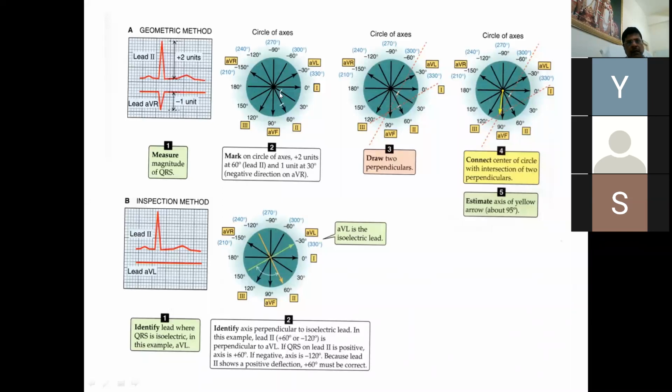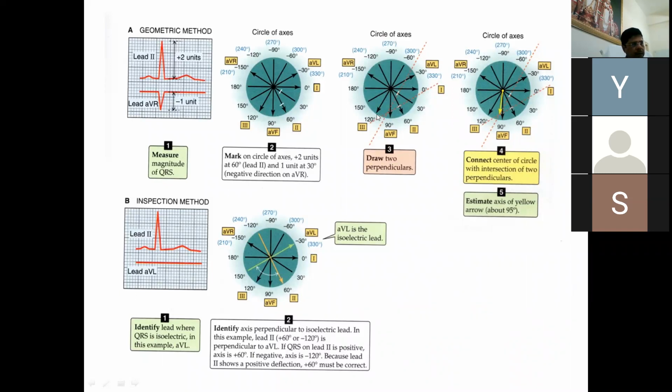Then you draw two perpendiculars, at a 90-degree angle to that axis. For lead AVR, you draw one perpendicular passing through the point you have marked. Similarly for lead 2, you draw another perpendicular at the point you marked at 2 units. So we have one perpendicular like this, and another perpendicular going in the other direction.